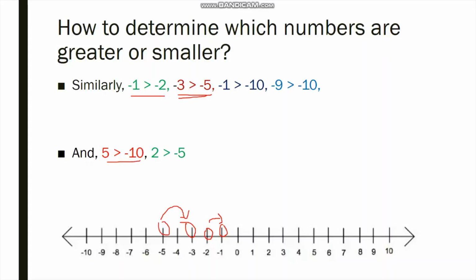Similarly, if you plot the other numbers here, for example 5 and minus 10, 5 would be here, minus 10 here. So this shows us that minus 10 is smaller than 5. 2 is here and minus 5 is here, and we can see that 2 is on the right side of minus 5, which indicates that 2 is larger.